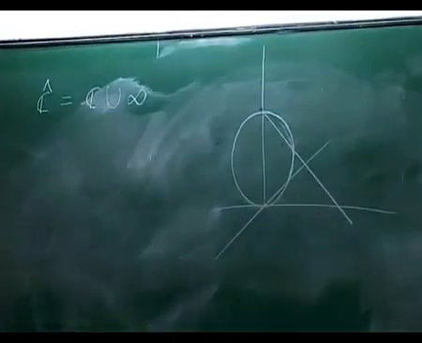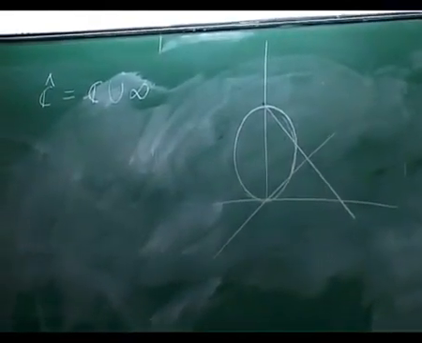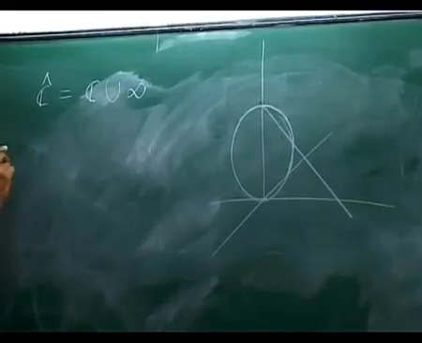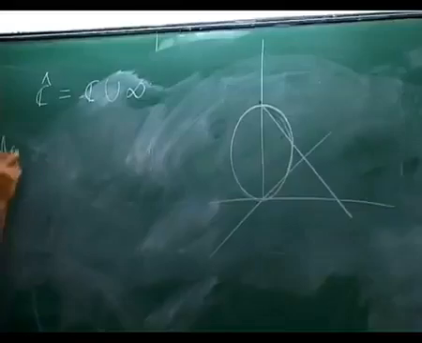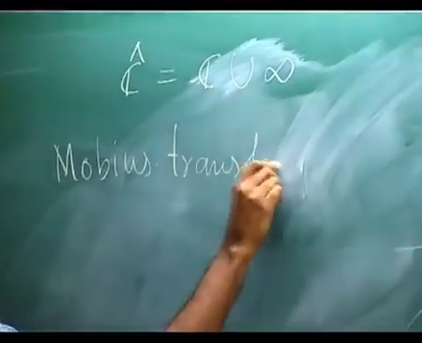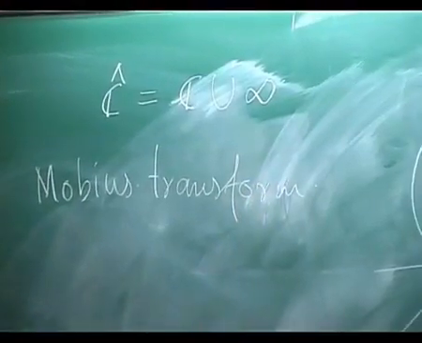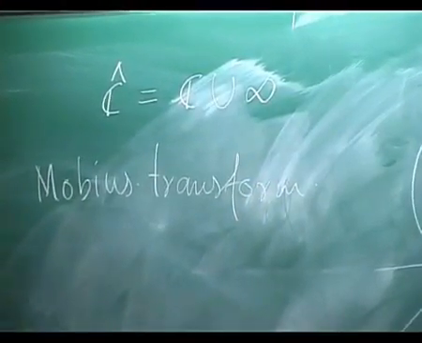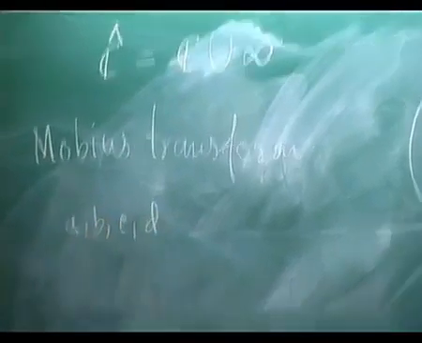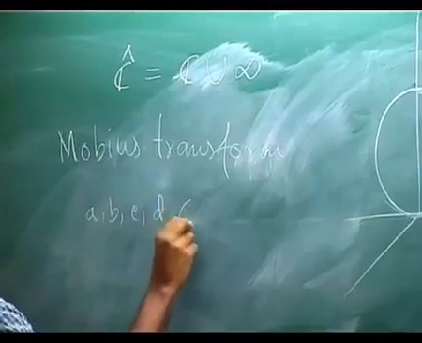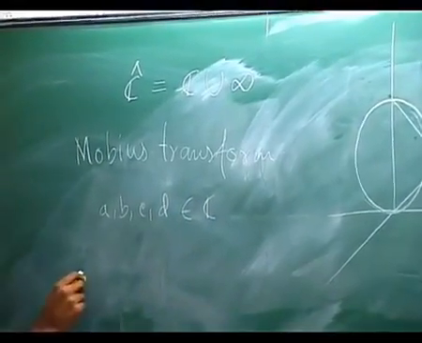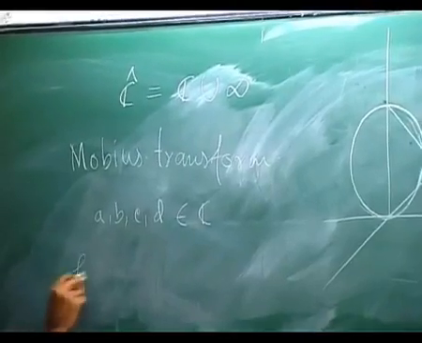Okay. So I define a function on this, which is called a Mobius transform. To give a Mobius transform, you need 4 complex numbers to start with, a, b, c, d, and then you have to define this map.